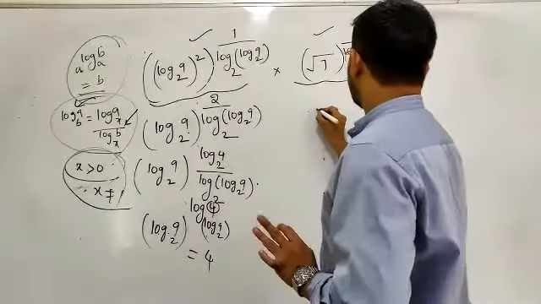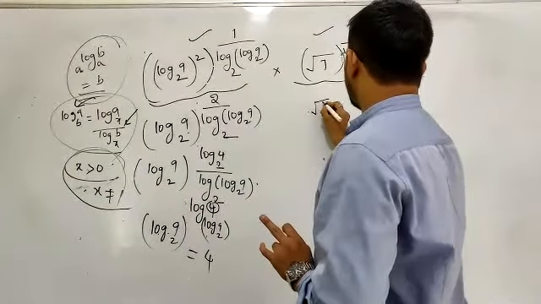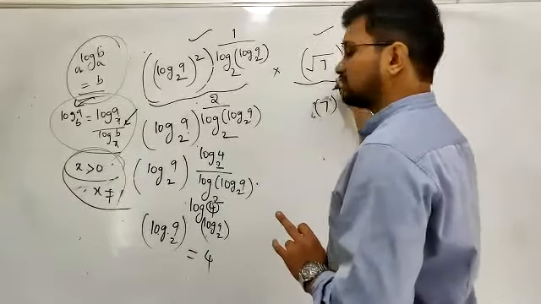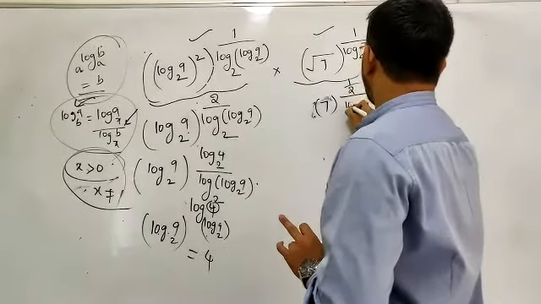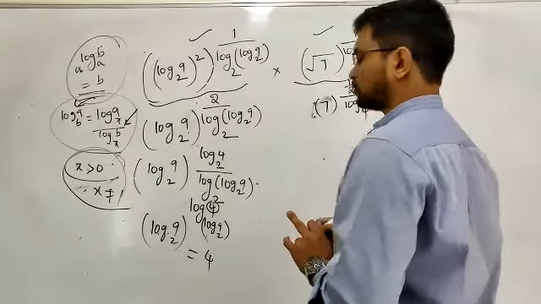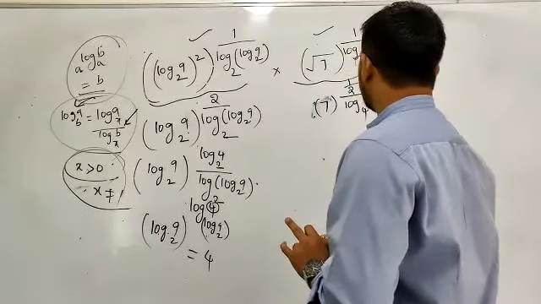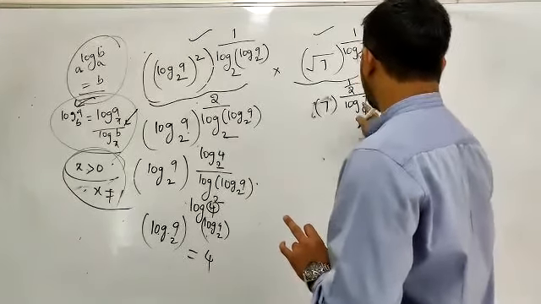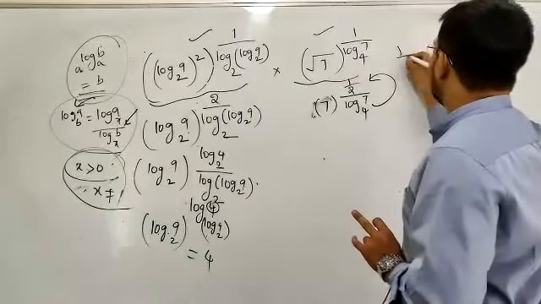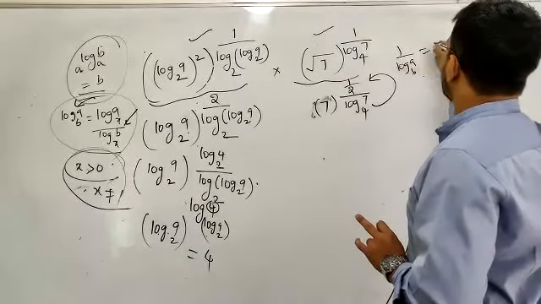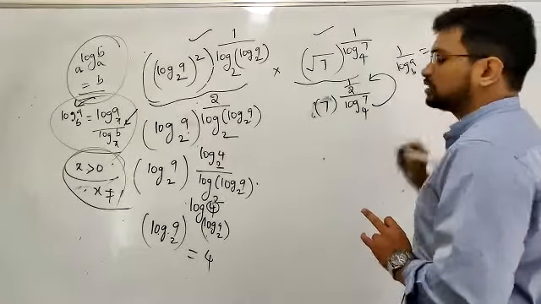Now here, this is root 7. This is 7 power 1 by 2 by log 7 to the base 4. So I'll invert it, I'll reverse it like this. So 1 by log a to the base b can be written as log b to the base a. This already we have discussed.